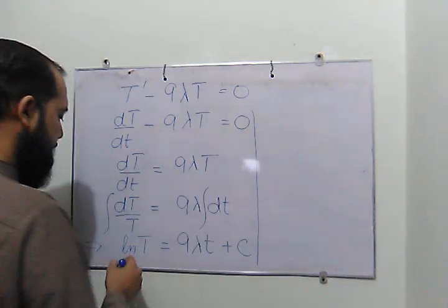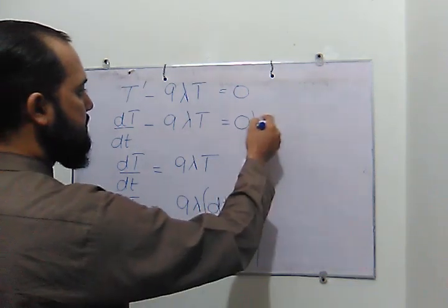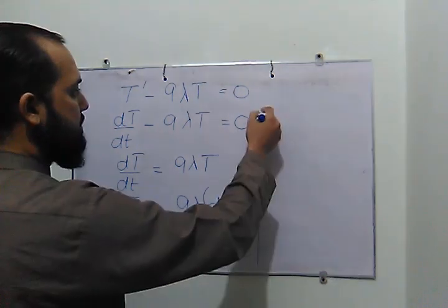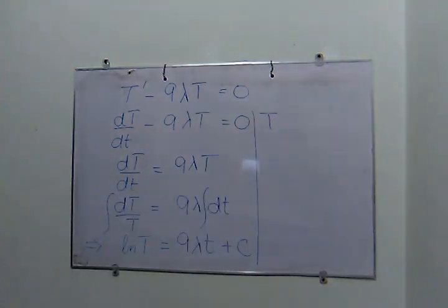If we take exponential on both sides, then the log will cancel the exponential.